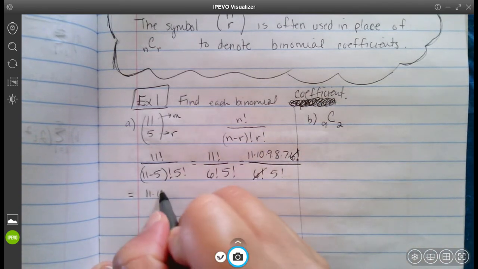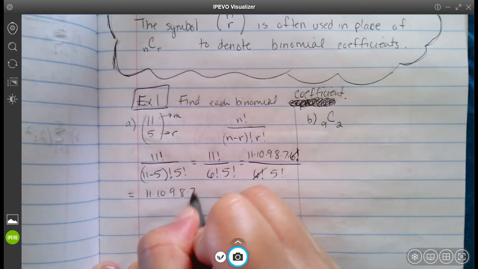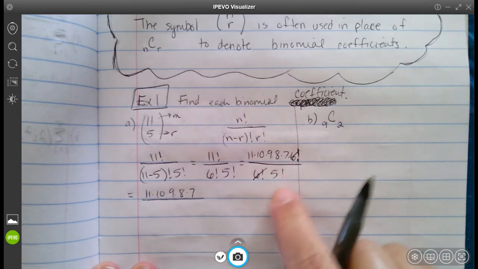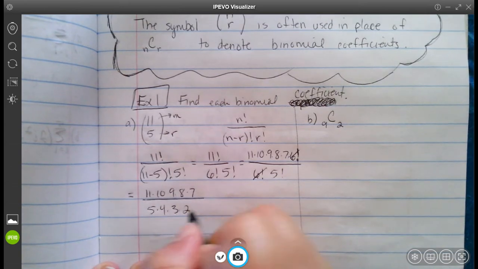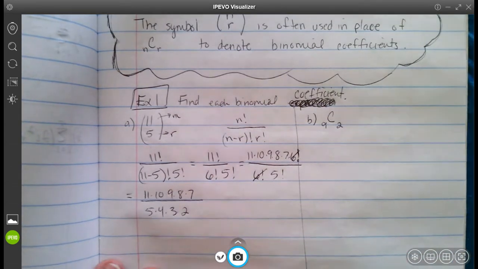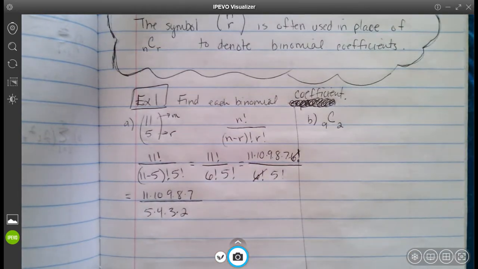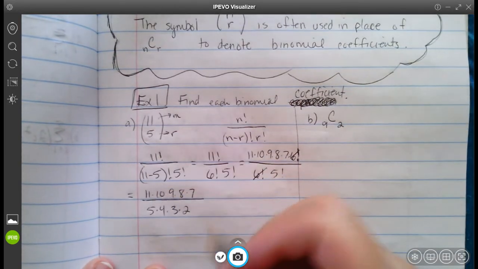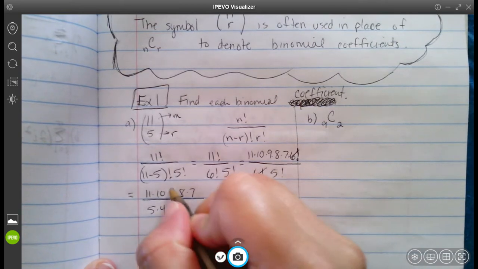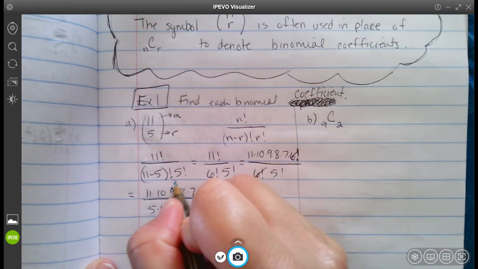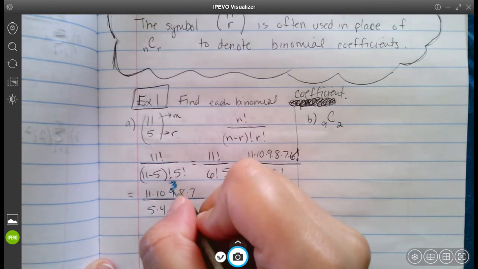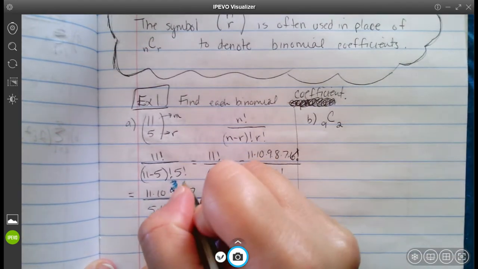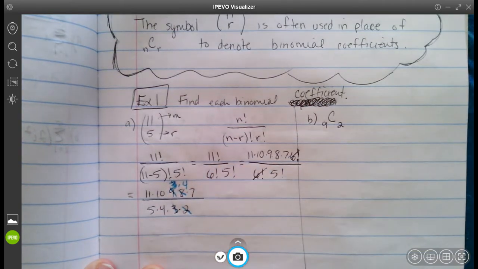We have 11 times 10 times 9 times 8 times 7 all over 5 factorial, which is 5 times 4 times 3 times 2. We can put the 1, but I'm not going to because anything times 1 is the same thing. You'll notice that several things reduce. 9 over 3 is just 3. 8 over 2 is just 4.